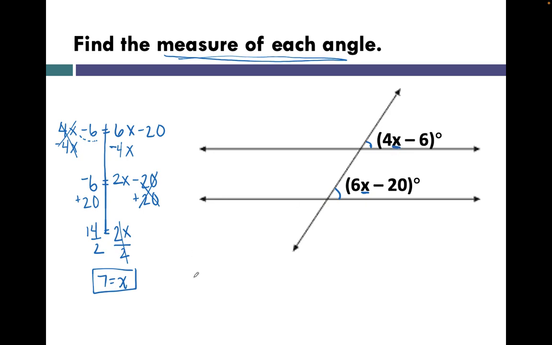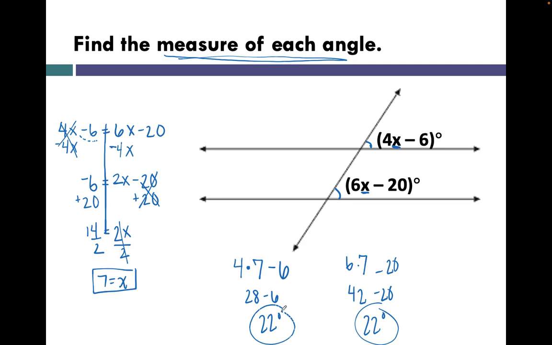So we now can take this and plug it back in to the two expressions. 4x minus 6, which is 4 times x, and since x is 7, that's 4 times 7, which is 28, and 28 minus 6 is 22 degrees. 6 times x, which is 7, is 42, minus 20 is also 22 degrees, which makes sense because we said originally that corresponding angles should be congruent or equal.